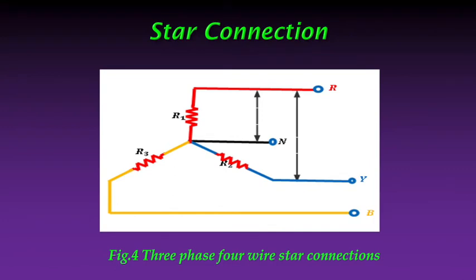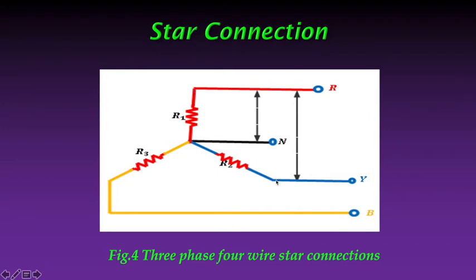Star connection. The finishing ends or starting ends of the 3-phase windings are connected to a common point, as shown in the figure. Here, this point is the neutral point.